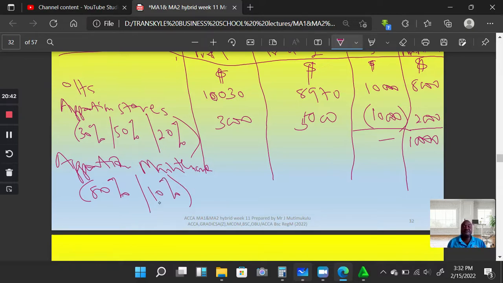So what it means here is, it's no longer 80% as it is, but it's now 80 over 90. And this one is 10 over 90, or 8 over 9, and 1 over 9.